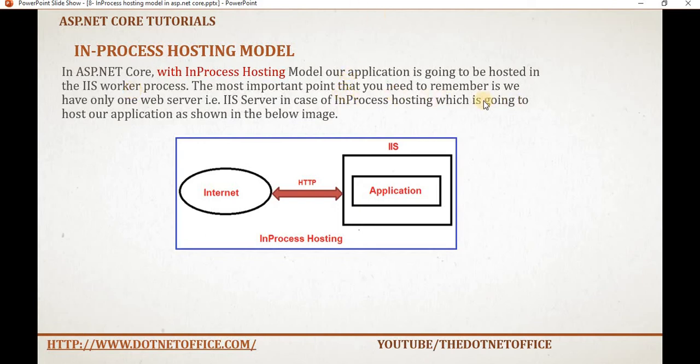The most important point to remember is that we have only one web server, the IIS server, in the case of the in process hosting model, which hosts our application as shown in the blue image. The application we have hosted is inside this IIS worker process.